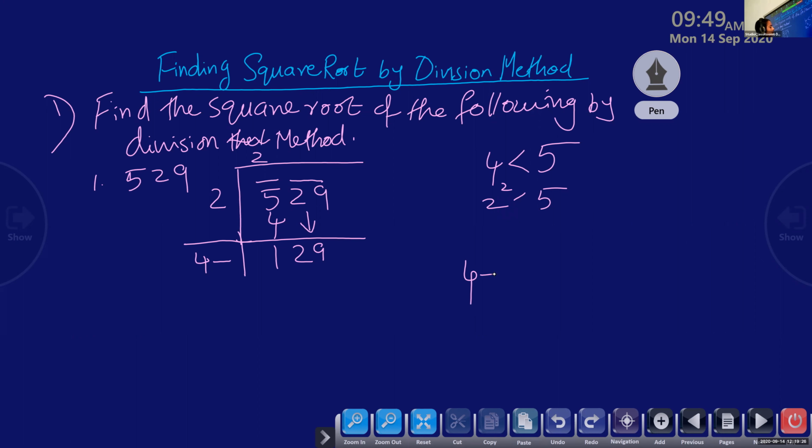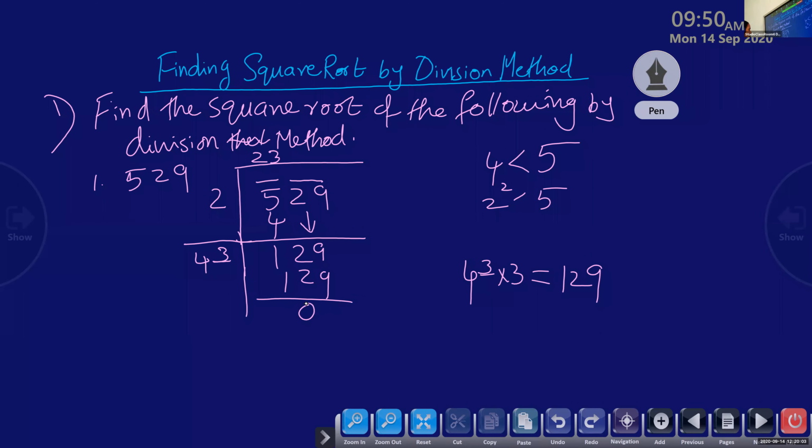See, I am writing 3 here and multiplying by 3. 3 3s are 9, and 3 into 4 gives 29. So we need to find such a number, write it in the blank, and multiply by the same number. Here I am writing 3, and this 3 will be the next quotient digit. 3 into 43 gives 129, and the remainder is 0.